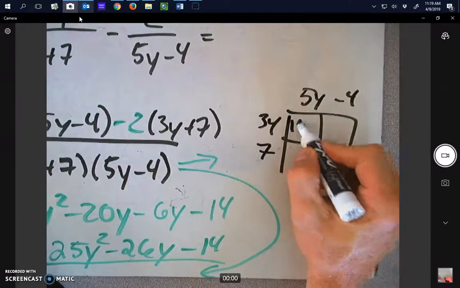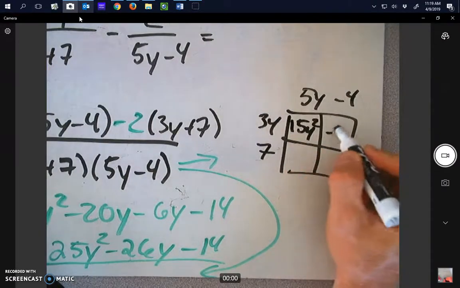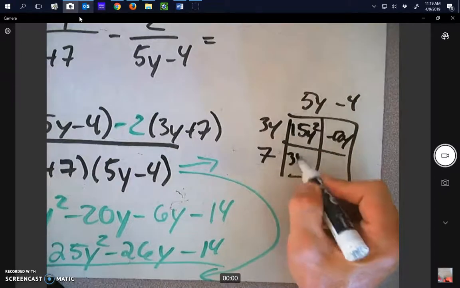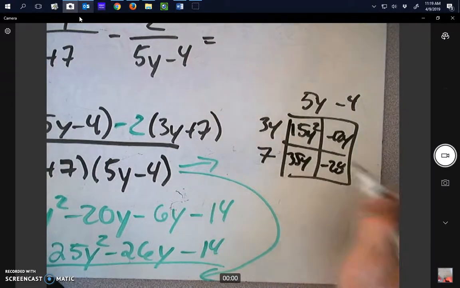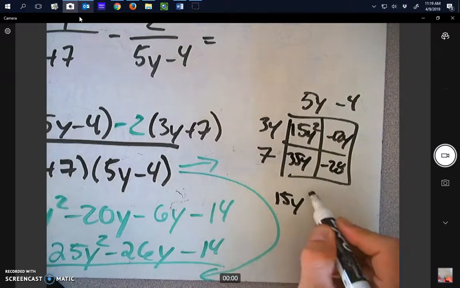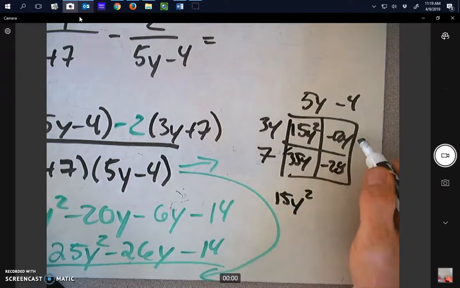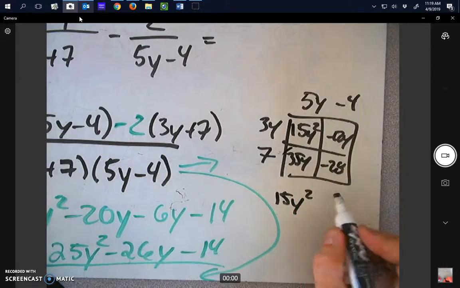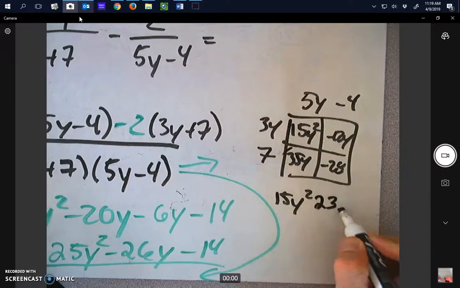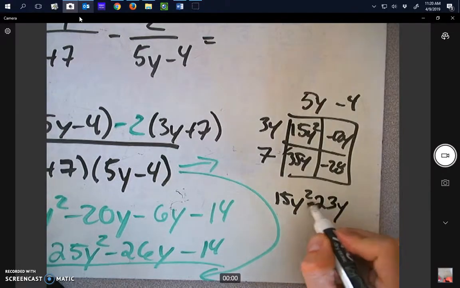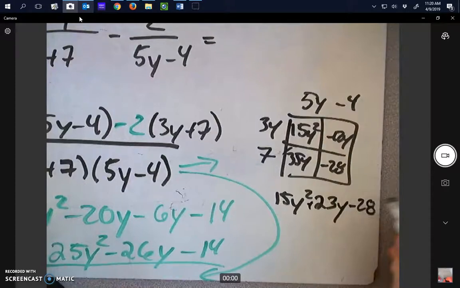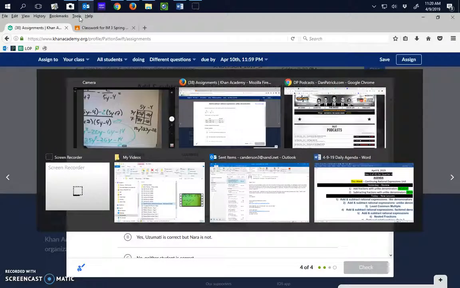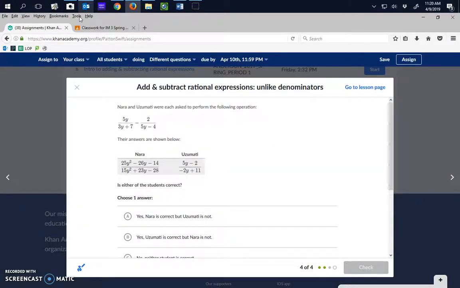So we get 15y squared minus 12y, 35y, 28. So pull it all out. 15y squared. These are similar. It's 35 minus 12, which gives us 23y plus and minus 28. It does look like what she had.